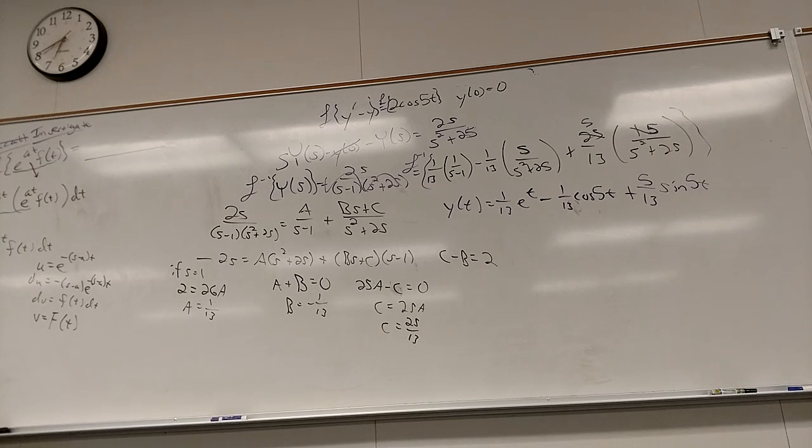So then what do we get here? We get, oh, this is not as quick as I wanted. Let's do that. So you get uv, so you get e to the negative s minus a t f of t, evaluated from 0 to infinity, minus the integral of v du. Oh, did I do this in the right order?